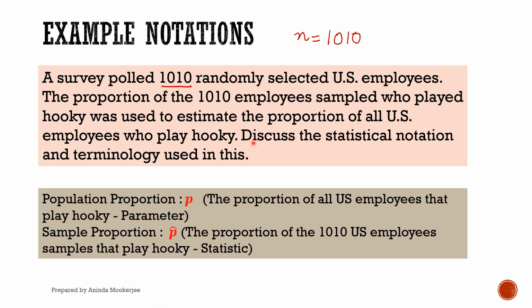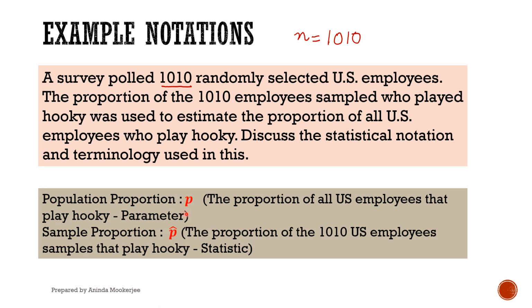However, in this part of the question, it says just discuss the statistical notation and terminology used. So for the population proportion, p without the hat represents the proportion of all US employees that play hooky, and that's the parameter, the metric associated with the population.